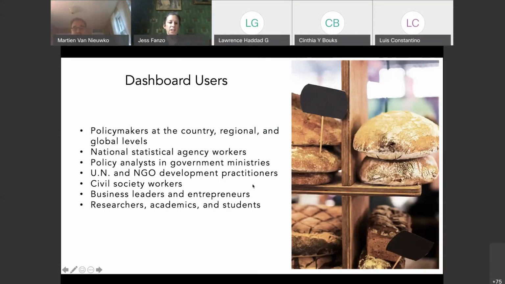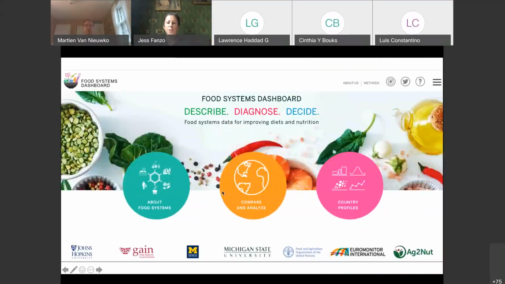National Statistical Agency workers are also another key group. And of course, UN, NGO, development practitioners, civil society organizations, academics and researchers, and business leaders and entrepreneurs are also key users of the interface. So this is the main homepage of the dashboard.